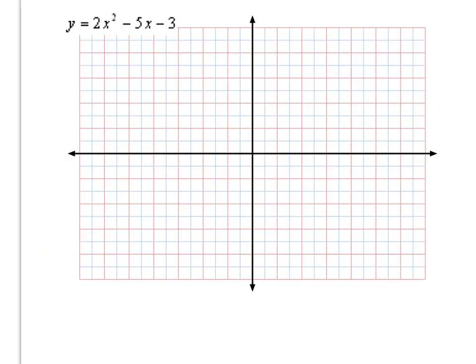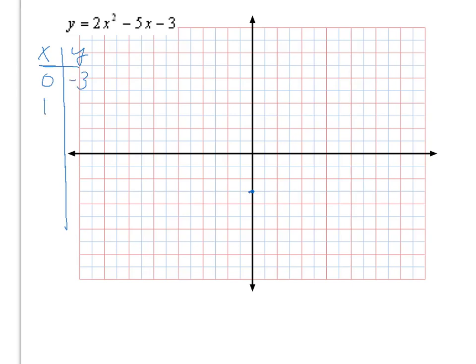Okay, we're going to do one more graph. I know you'll be doing some more in class tomorrow, but I'm going to do one that's a little bit funkier. So if I just work on a table of values here this time, and I'll show you why in a minute, if I let x be 0, of course the y-intercept is nice and easy, -3.